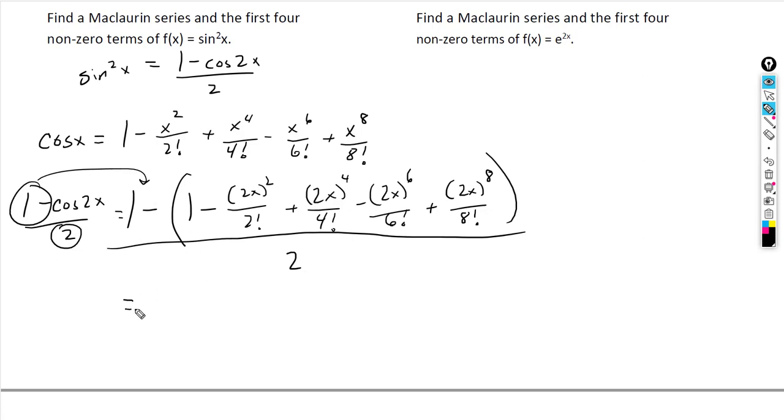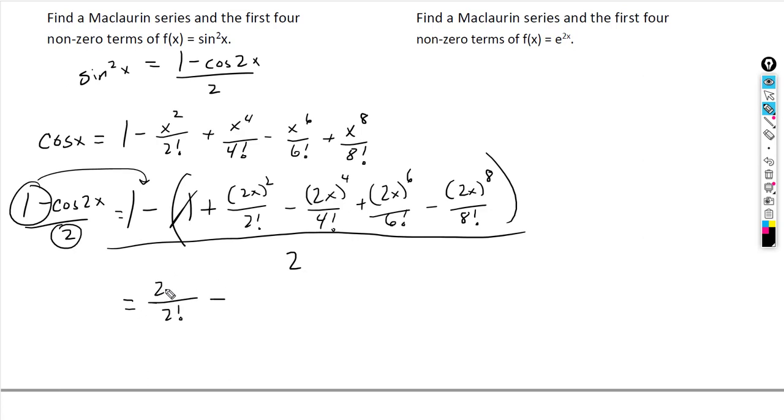So now, my 1's are going to cancel. All right, and this becomes a positive, this is a negative, positive, and this is a negative, right? I have to multiply by that negative 1 there. So let's see what happens now. I get 2x squared over 2 factorial minus, let's do it this way.